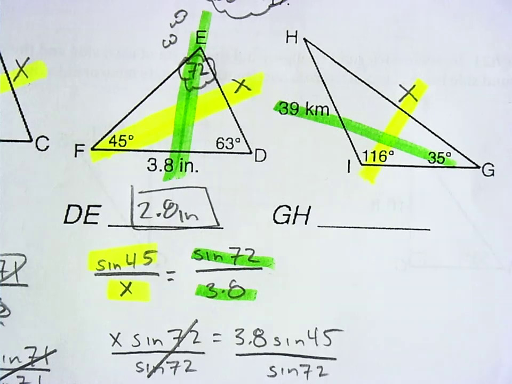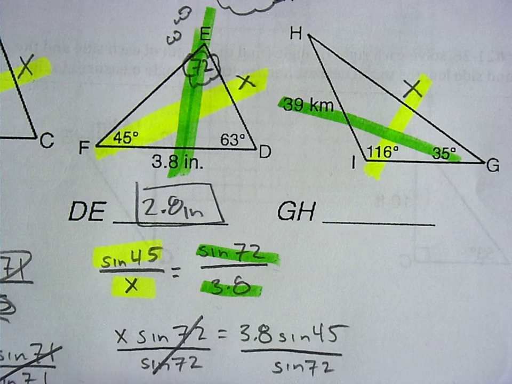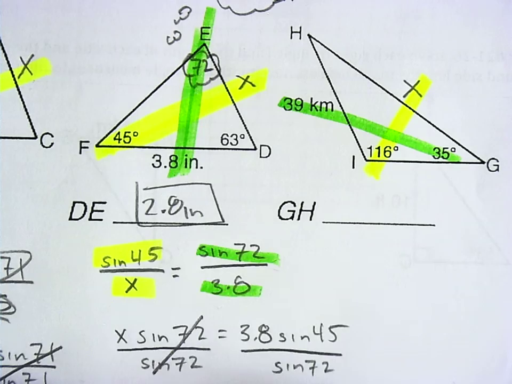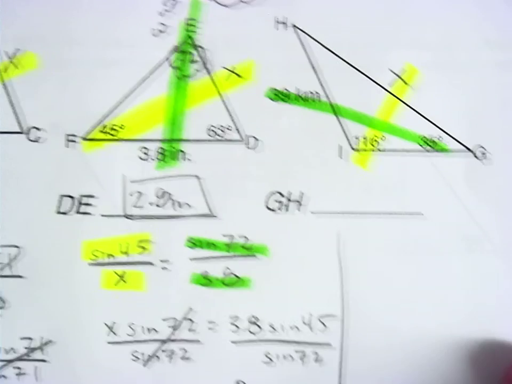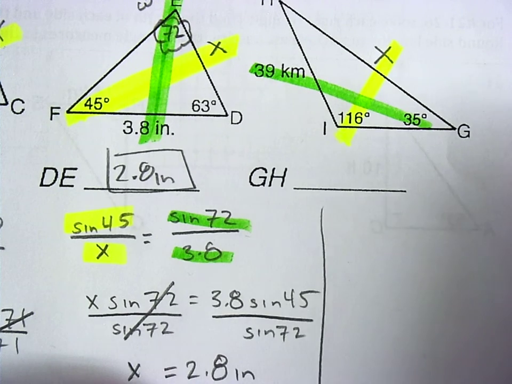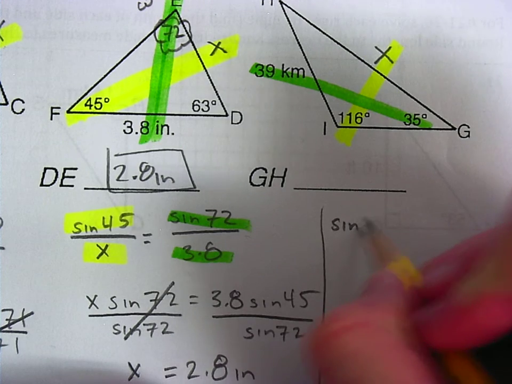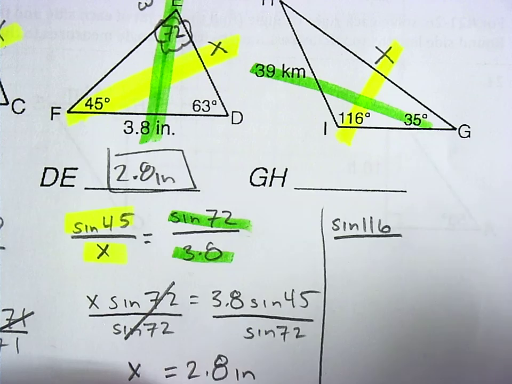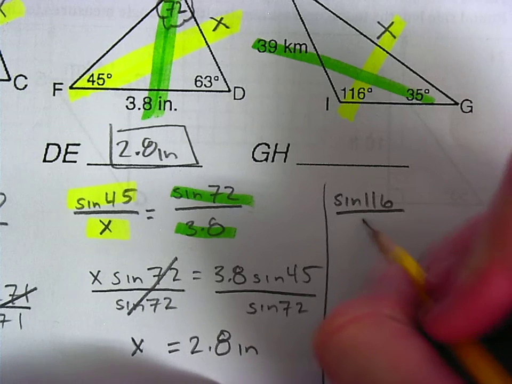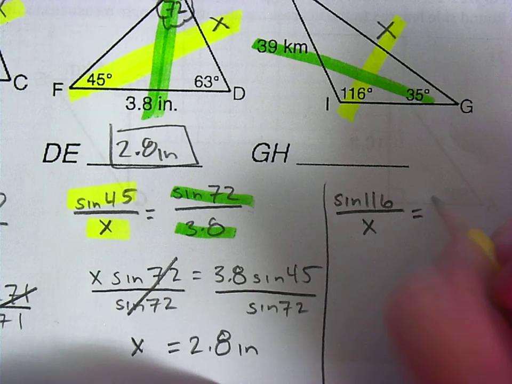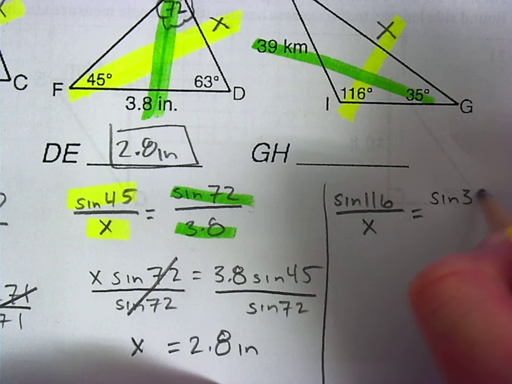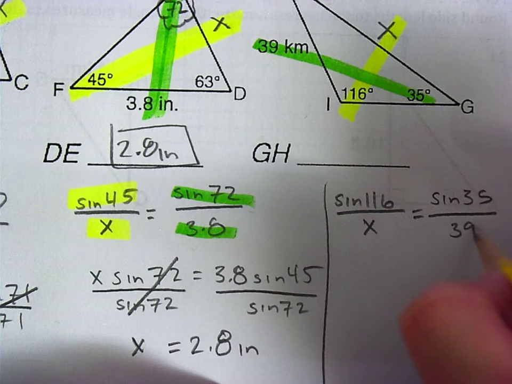I mean, 35 degrees goes with 39 kilometers. So if we're looking at this problem, we can now set up our law of sines. I'm going to do the sine of the angle, sine of 116, over the side that is opposite, so x, equals the sine of another angle, sine of 35, over the opposite, 39.